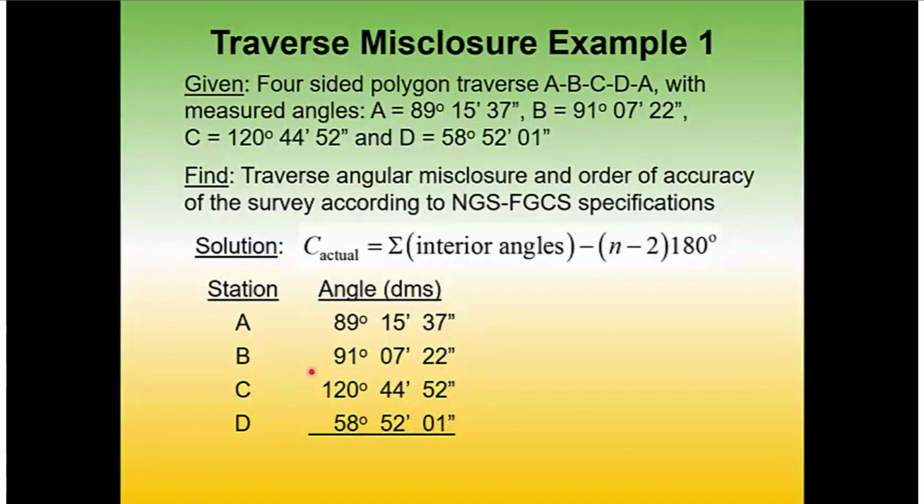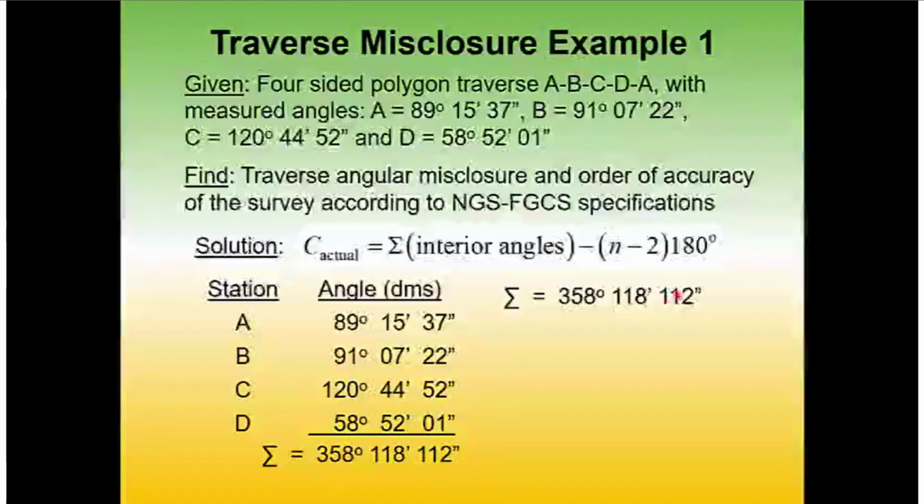All we need to do is just add up these 4 angles and see what we come up with. If we add these up, we see that in the seconds column we get 112 seconds. In the minutes column we get 118 minutes. And in the degrees column we get 358 degrees. We need to put this in a more standard form, so we look at the seconds and realize this is actually 52 seconds plus an extra minute.